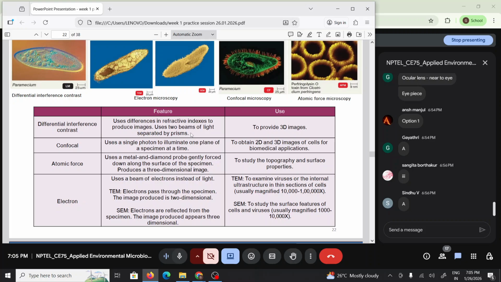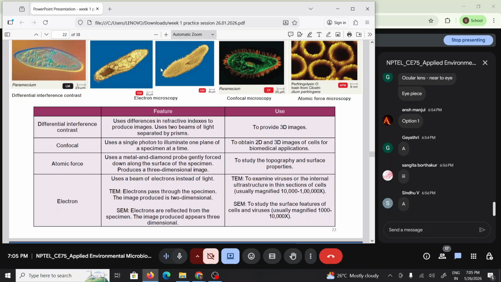So this is a table that states, and you can see on the top panel how the microscopic images look like. So when you compare this TEM and SEM, you can see that the SEM gives you a fair idea about how the surface looks like, whereas in TEM you can see when it is passing through, it's giving a different idea about the same organism.